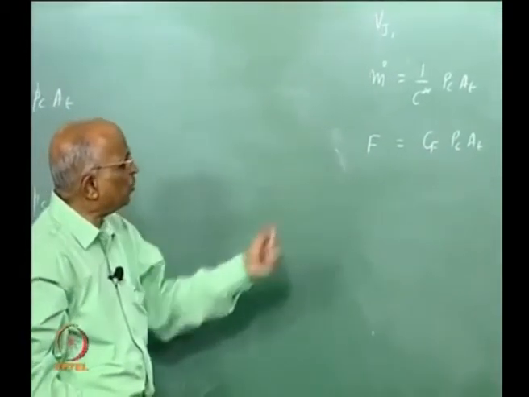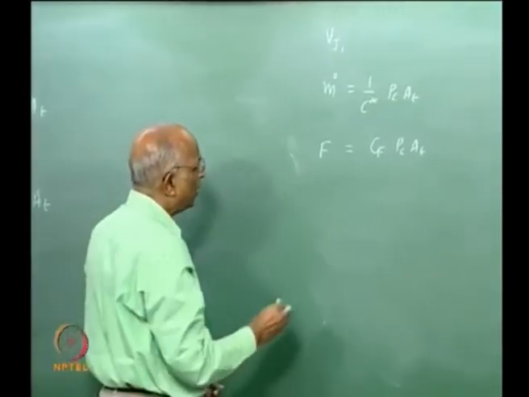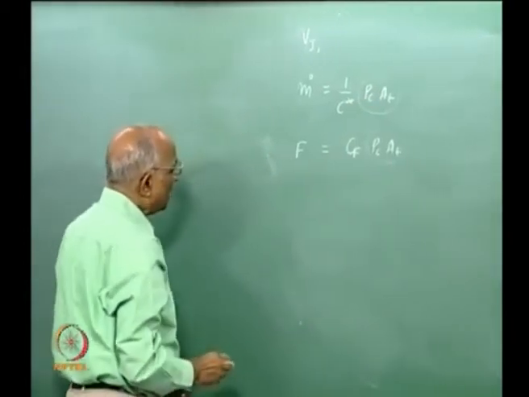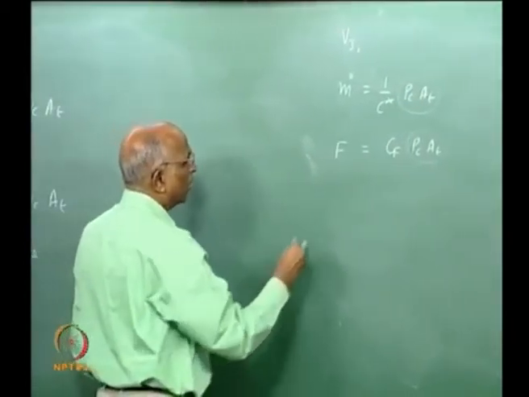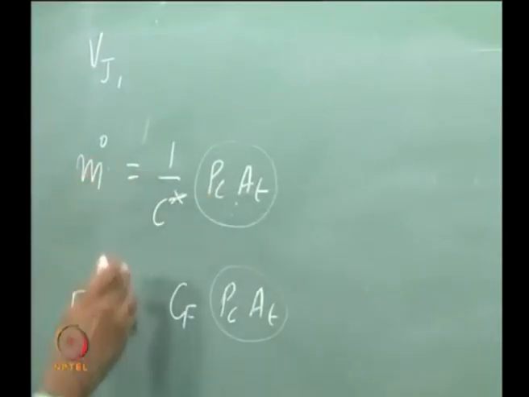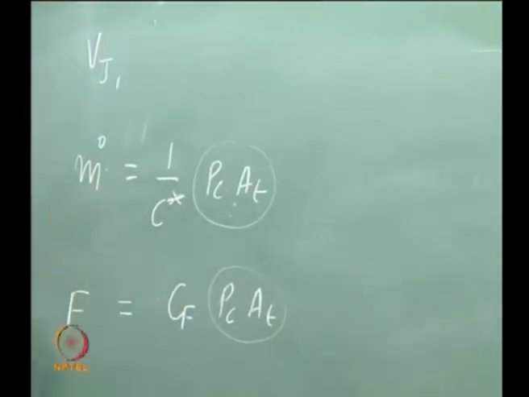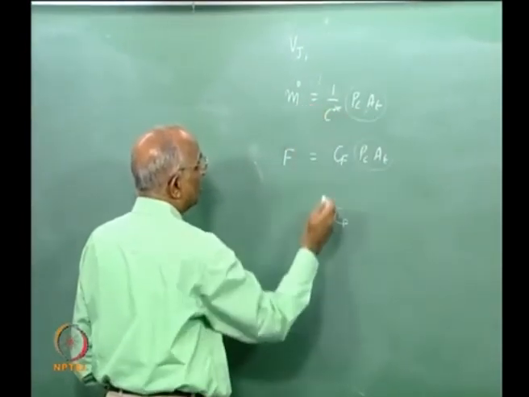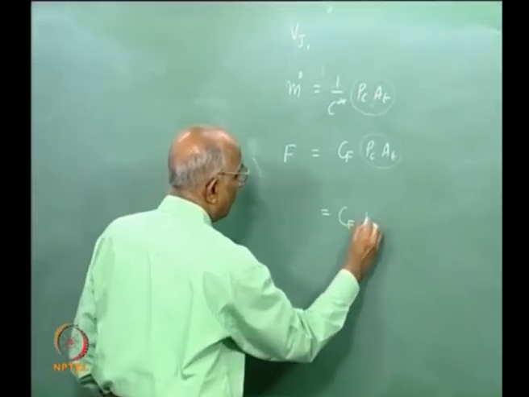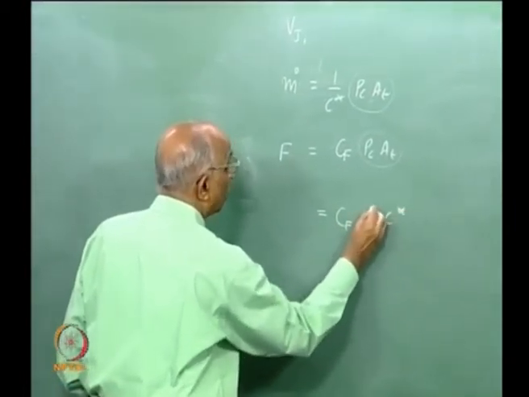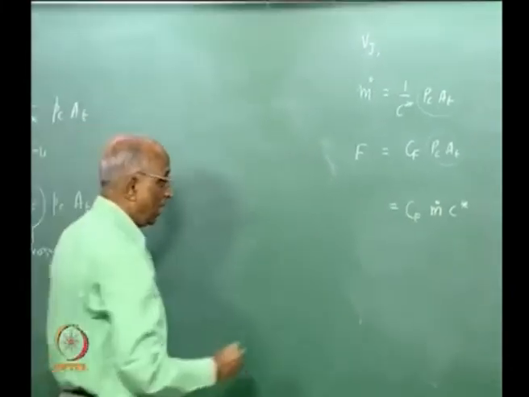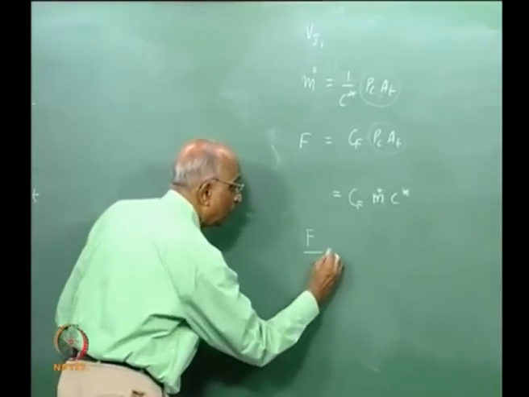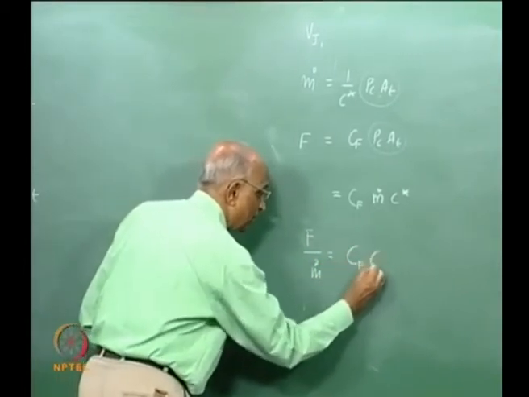Now if I play with these two equations, I find over here Pc At common. Therefore, can I somehow put this together? Can I substitute Pc At from the mass equation into the force equation, and if I were to do it, I get Pc At is equal to m dot into C star. Therefore, the thrust developed divided by m dot is equal to Cf into C star.